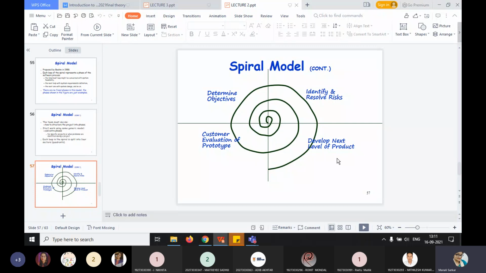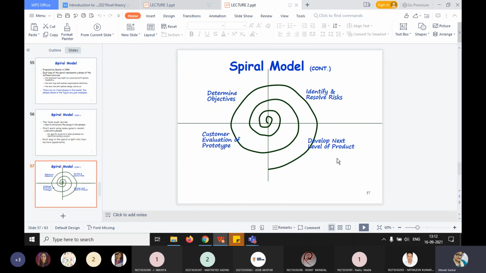This model is much more flexible compared to other models, since the exact number of phases through which the product is developed is not fixed. Whenever you have a small product, you can take 2 loops.